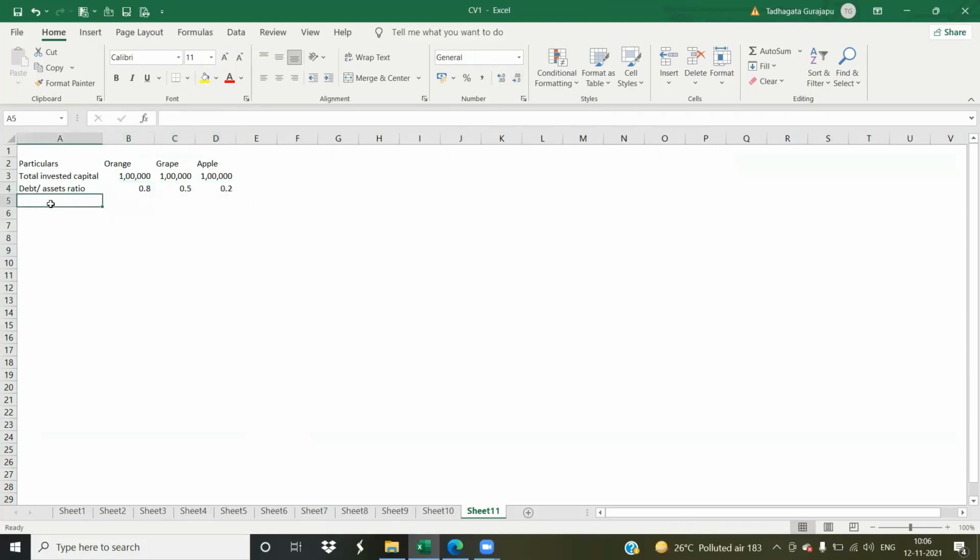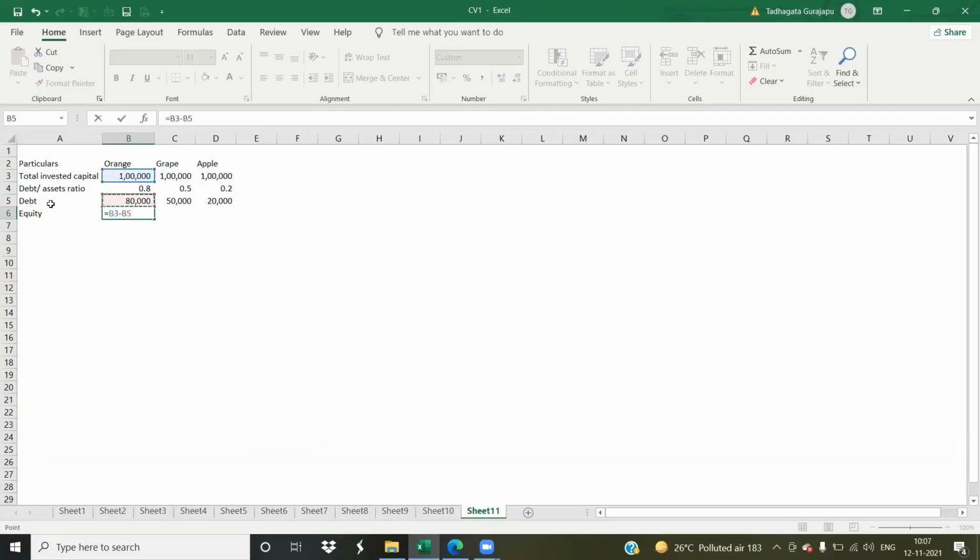So what is debt amount? It is nothing but debt by assets ratio into total invested capital. So what is equity? Total invested capital minus debt.